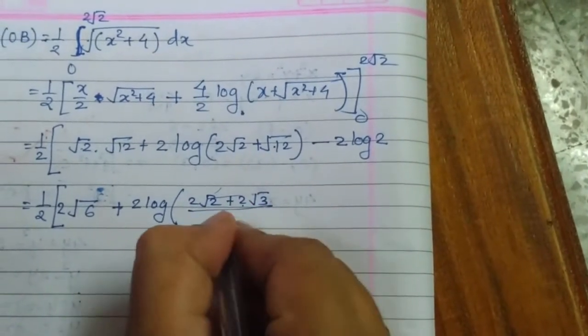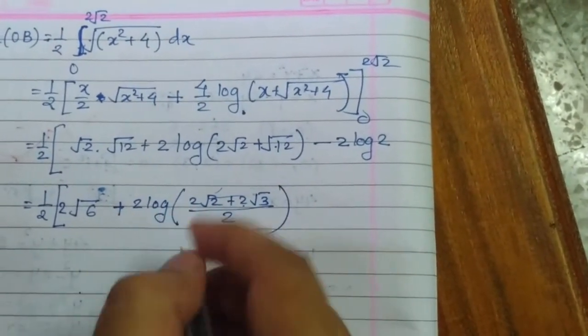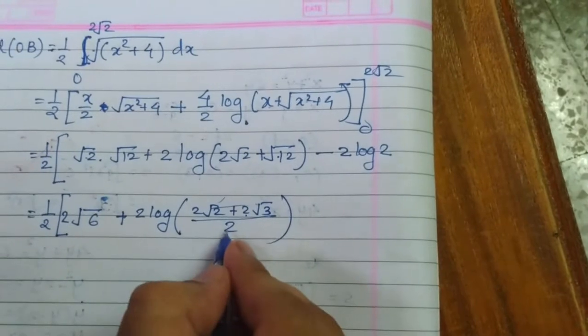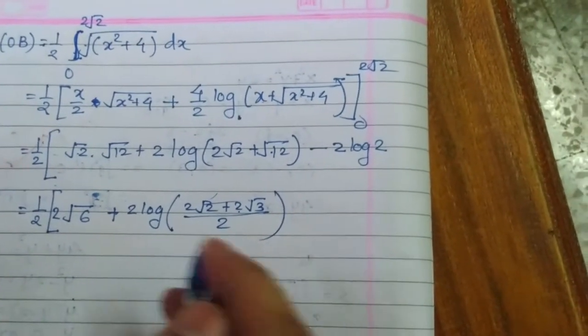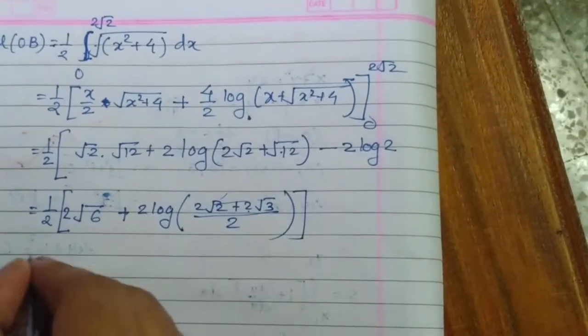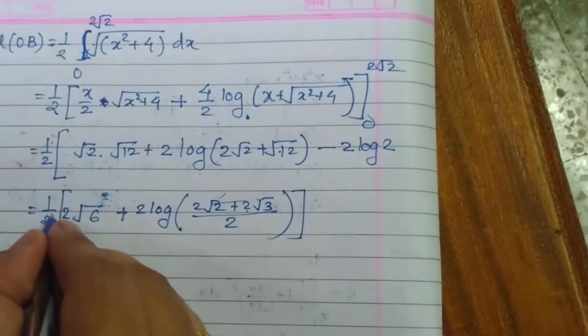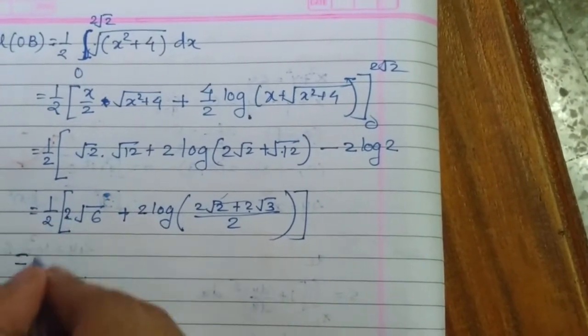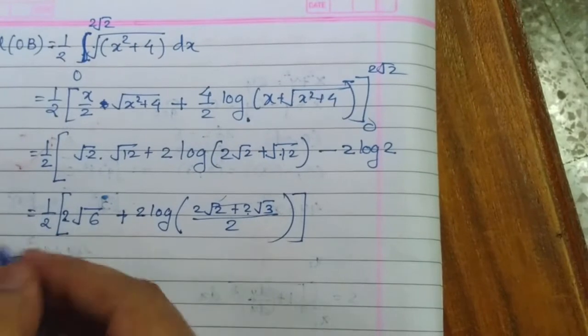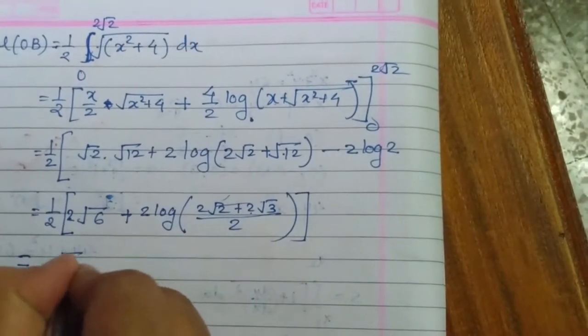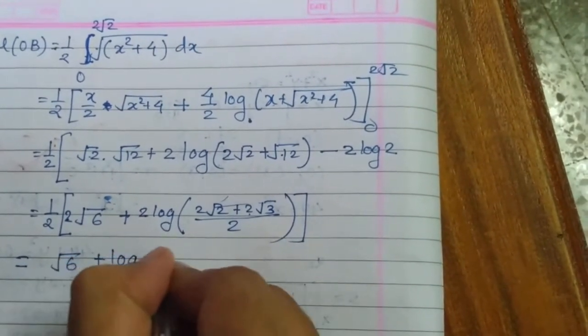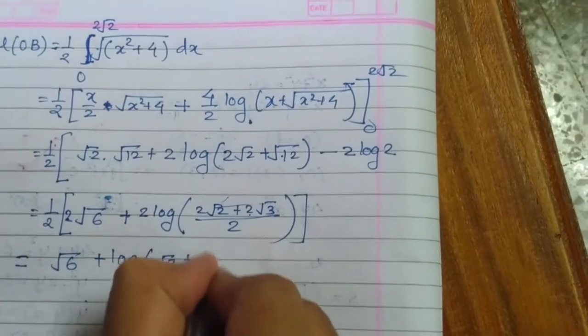This 2 we can take common and it can be cancelled with this term. This 2 and this 2 also we can take common, and this 1 by 2 into 2 get cancelled, so our answer is root 6 plus log of root 2 plus root 3.